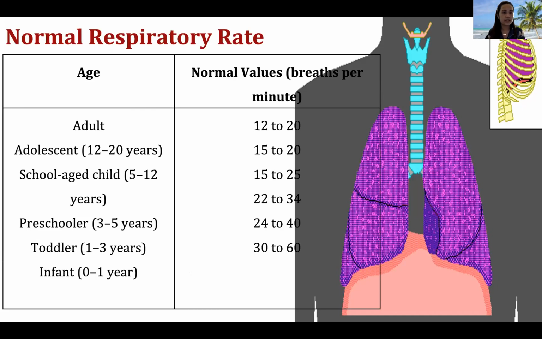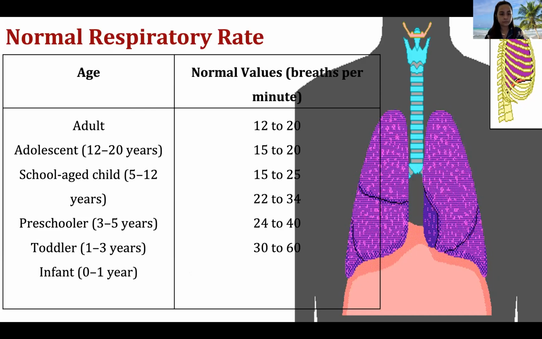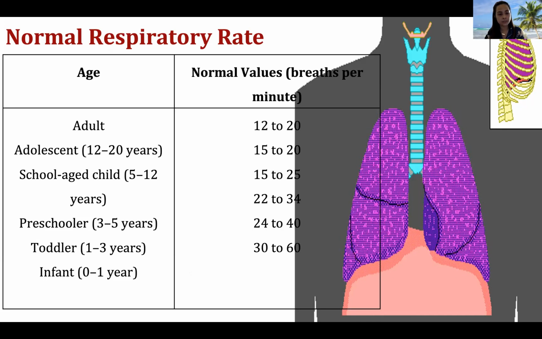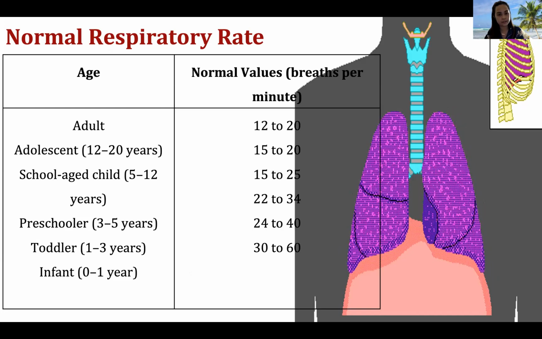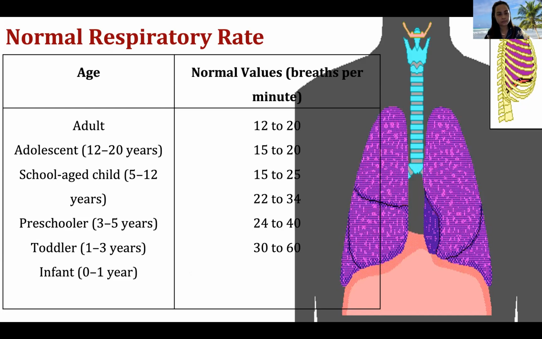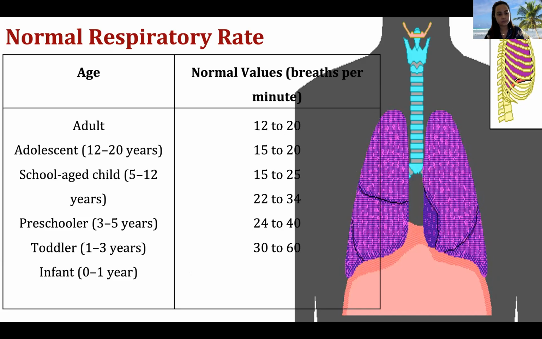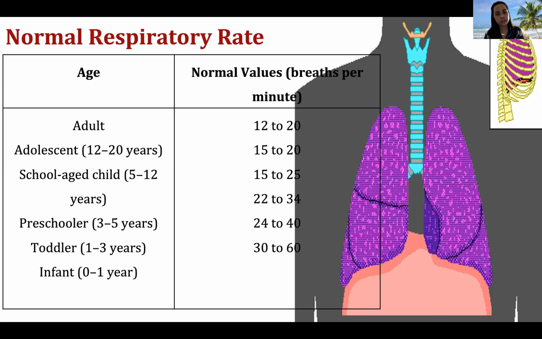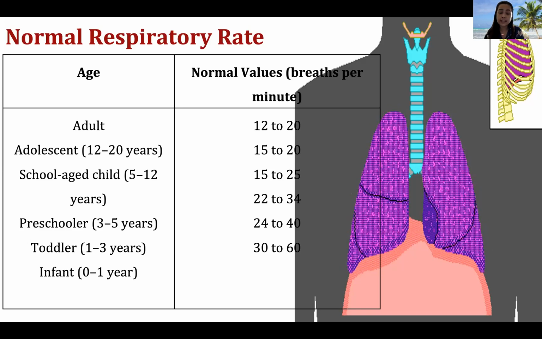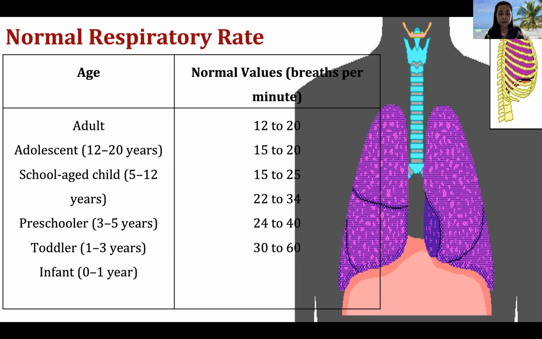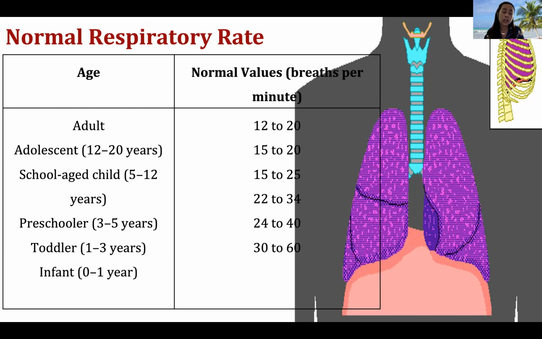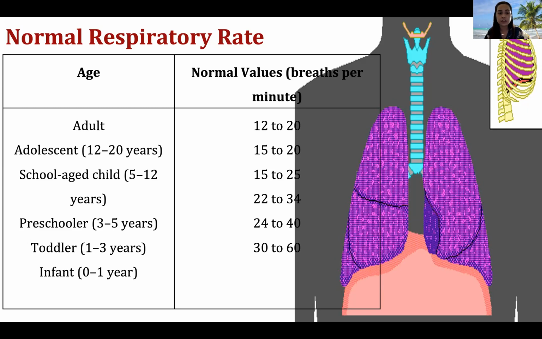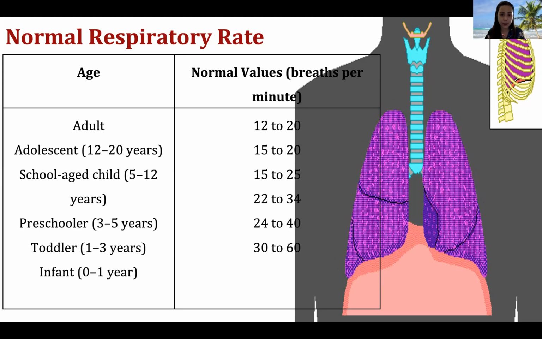What is the normal respiratory rate for the adult and adolescent, school age child, preschooler, toddler, and infant? For adult, the normal respiratory rate is 12 to 20 breaths per minute. Don't be confused: in pulse rate, it's beats per minute, while in respiratory rate, it is breaths per minute.